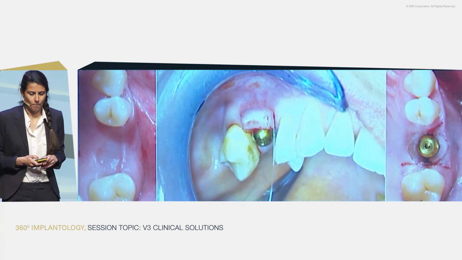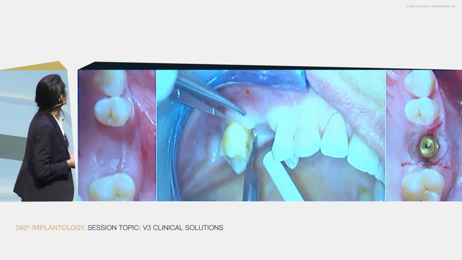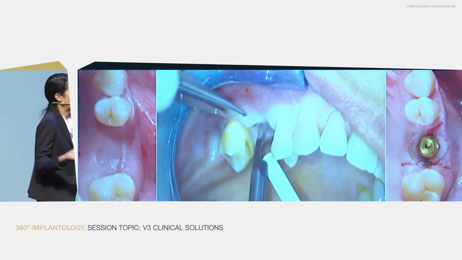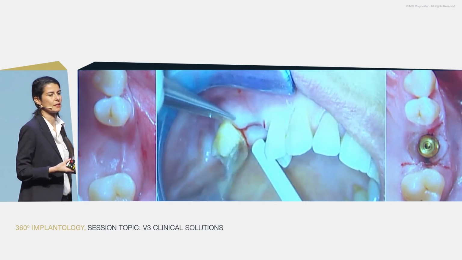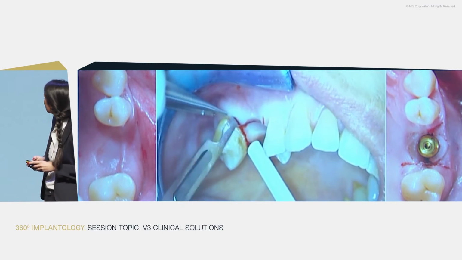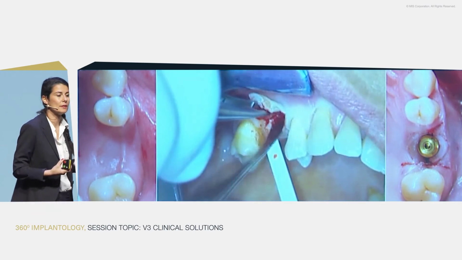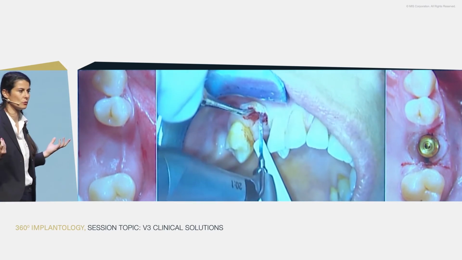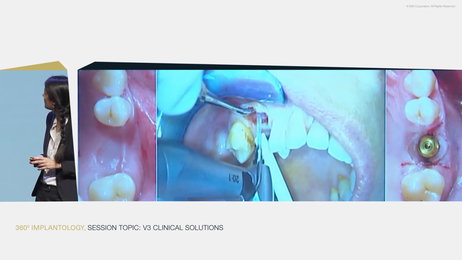And here we can see the surgery. In a case like this, it is a basic surgery, really nothing special. We like, when it's possible, to do a minimally invasive incision. I don't like to disturb the soft tissues around the neighboring teeth.